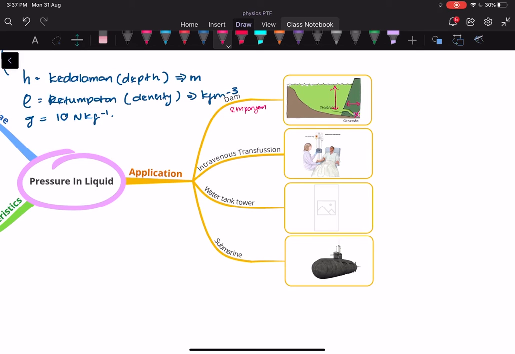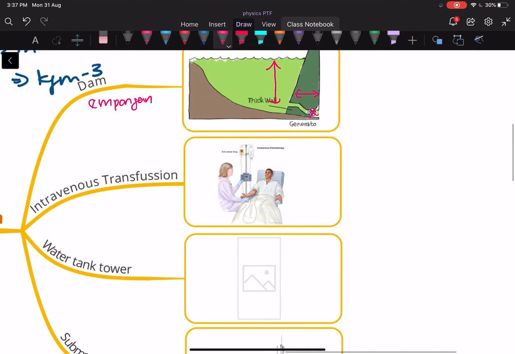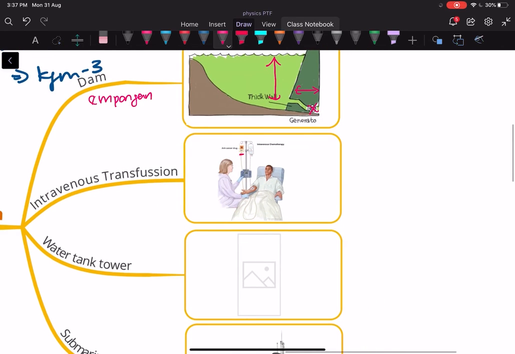Okay, mengukur tekanan darah, or intravenous transfusion ataupun suntikan intravena, semua ni menggunakan, kalau nampak ni, suntikan intravena tu position dia adalah lebih tinggi daripada position of your body, ya. Suntikan intravena, botol cecair mesti terletak di bahagian yang lebih tinggi daripada badan pesakit.